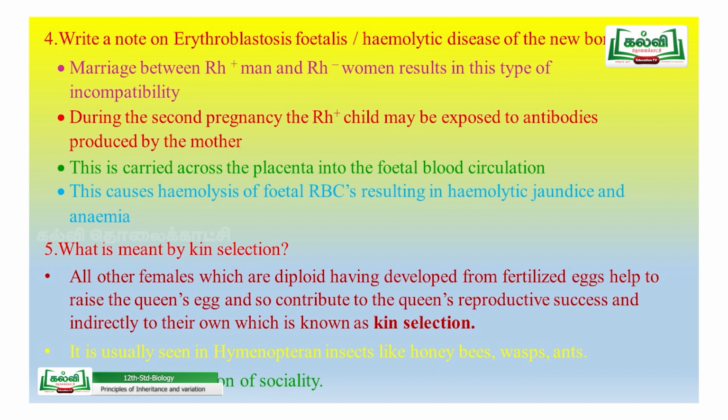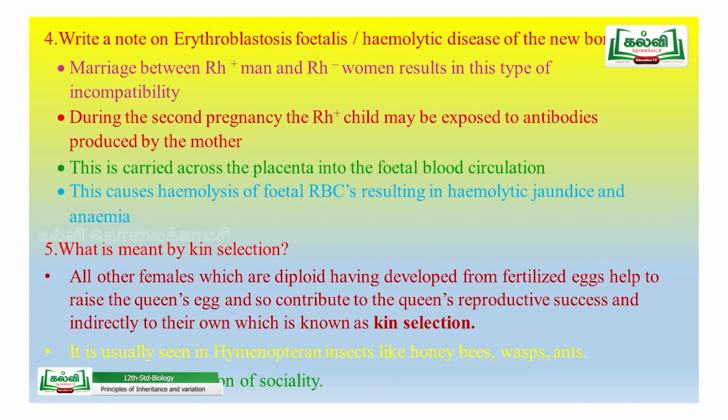So, these are the conditions you will get during erythroblastosis fetalis. When marriage happens between an Rh positive man and an Rh negative woman, during the second pregnancy only, if the child is Rh positive, then he will be exposed to antibodies produced by the mother.